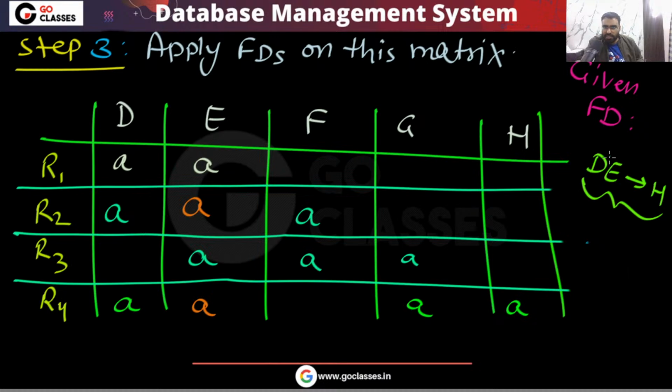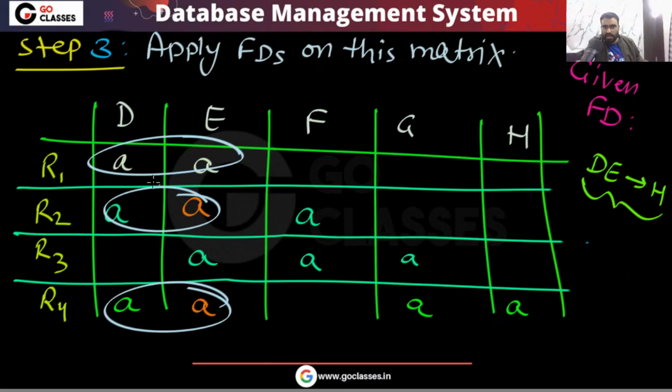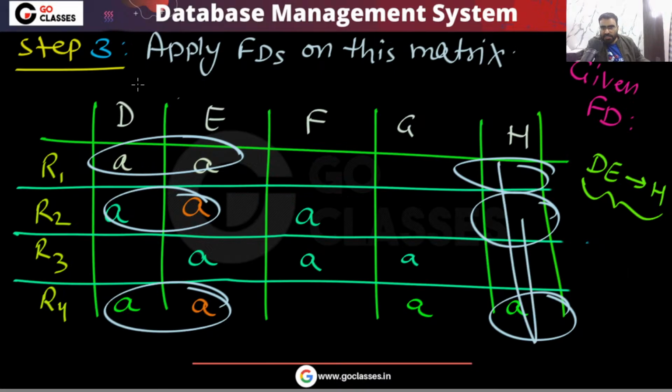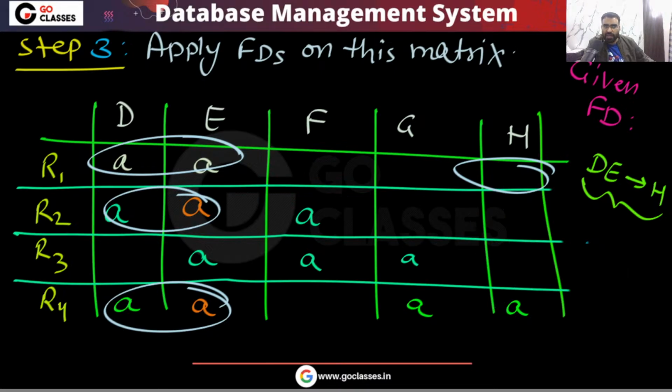DE determining H means that if two tuples have the same DE value, then they must have the same H value. Look at this tuple, this tuple, this tuple. They have the same DE value, here also A, here also A. So these three tuples must have the same H value. Do you agree with me?